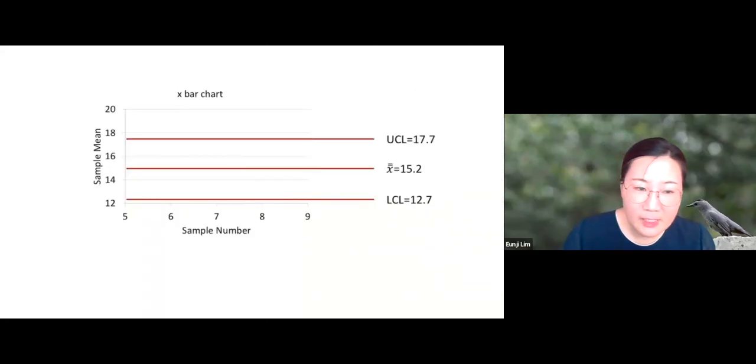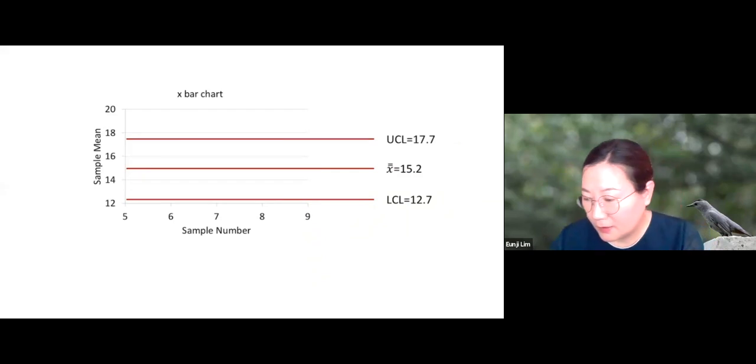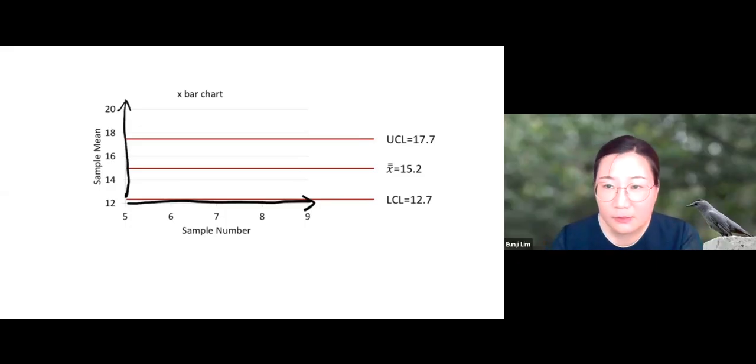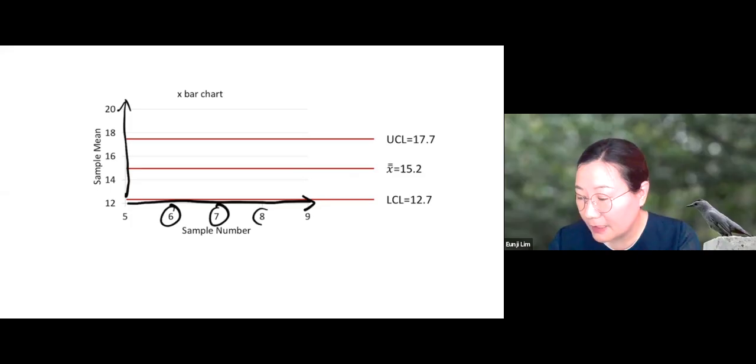Okay, so now let's make the X bar chart. We're going to draw the X axis, the Y axis. On the X axis, we're going to put the sample number 6, 7, 8, 9, etc. And on the Y axis, you're going to put the sample mean.